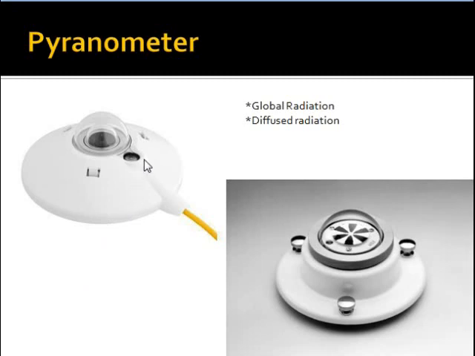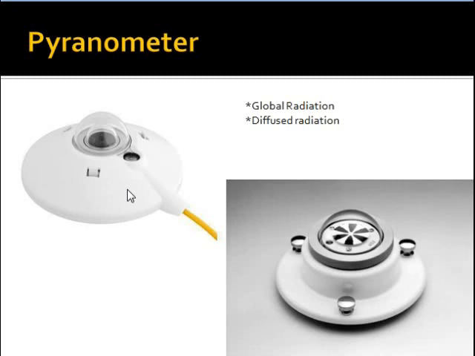If we attach a shading ring to this pyranometer, which effectively blocks the beam radiation from the sun, then it measures only diffused radiation. Because there is no beam radiation, the radiation that is measured is the remaining light, and the remaining light is diffused radiation.